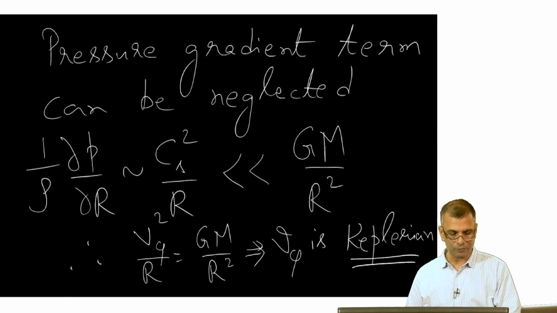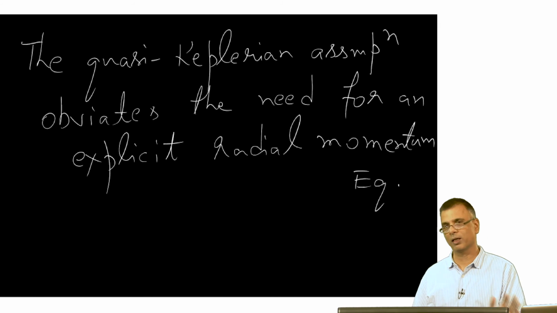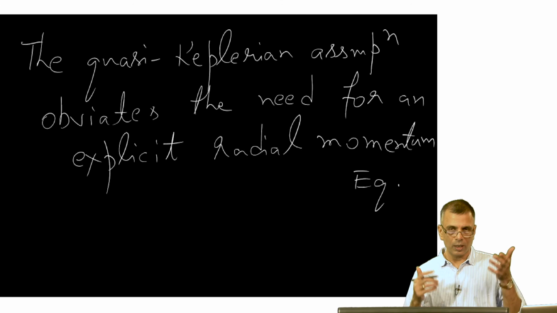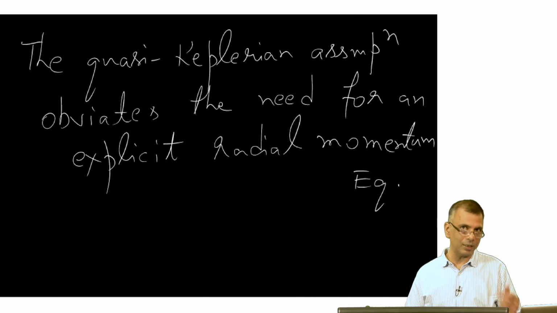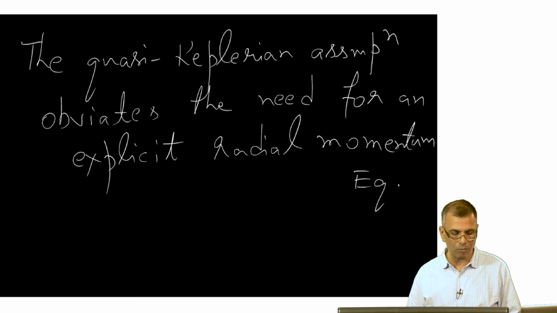At any rate, we are already considering quasi-Keplerian accretion disks to begin with, and that is what the radial momentum equation is telling you in any case, so we can forget about that. No need to worry anymore about the radial momentum equation.